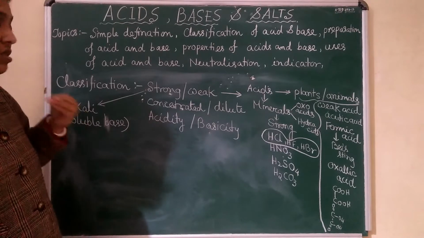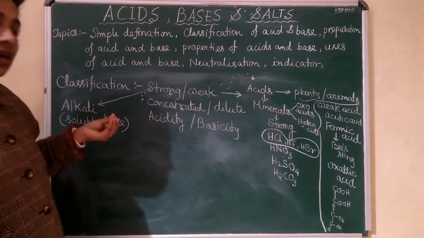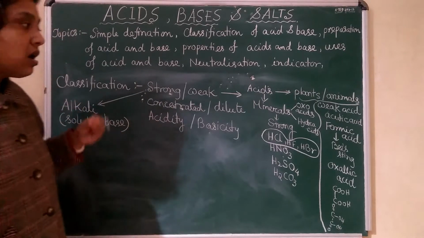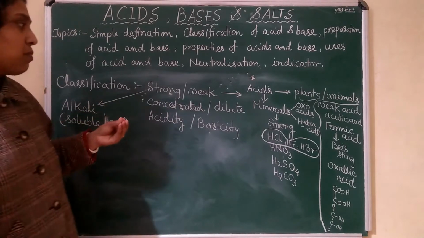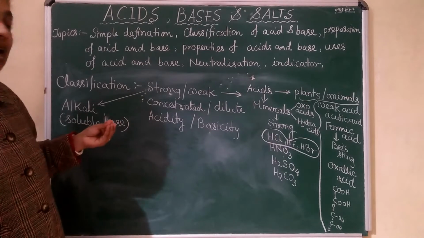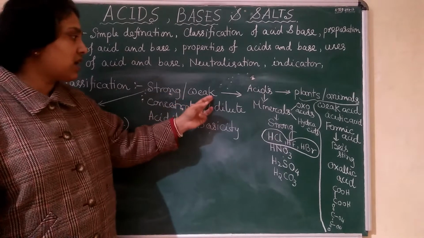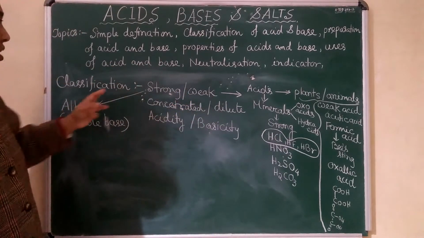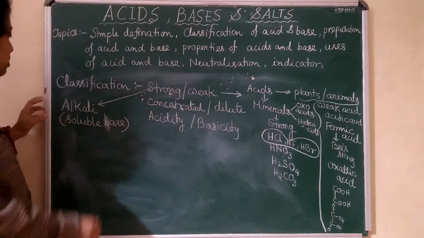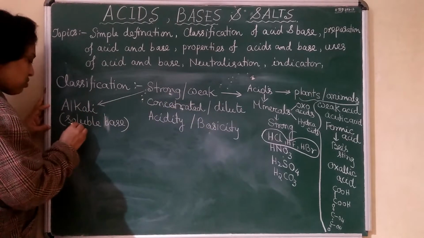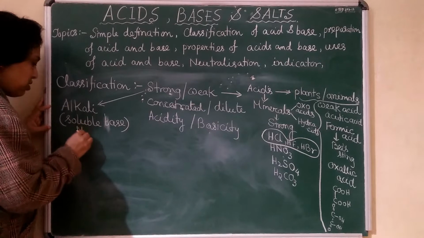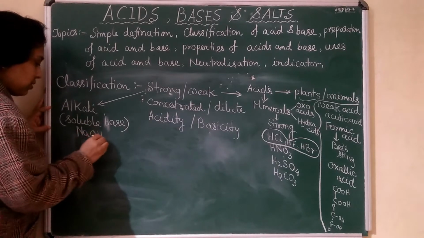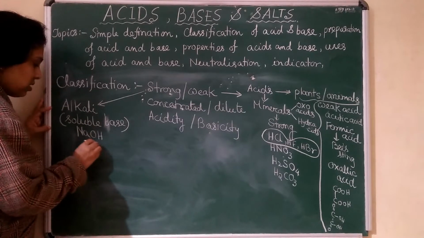We also consume baking soda, which we use for cooking, baking cake and all. So those come under weak base. So strong bases are mostly alkali, which are soluble, like NaOH, KOH.